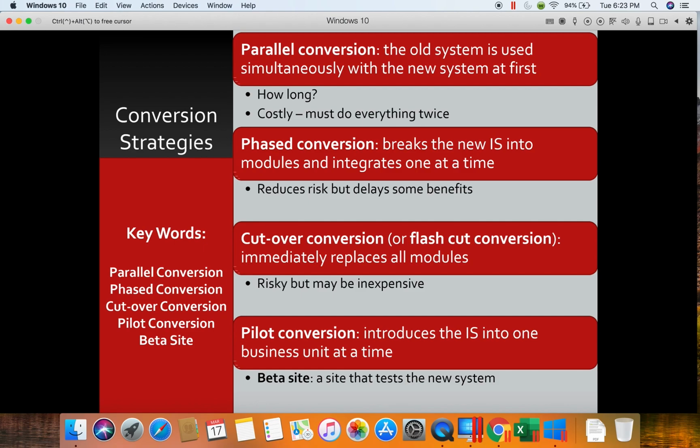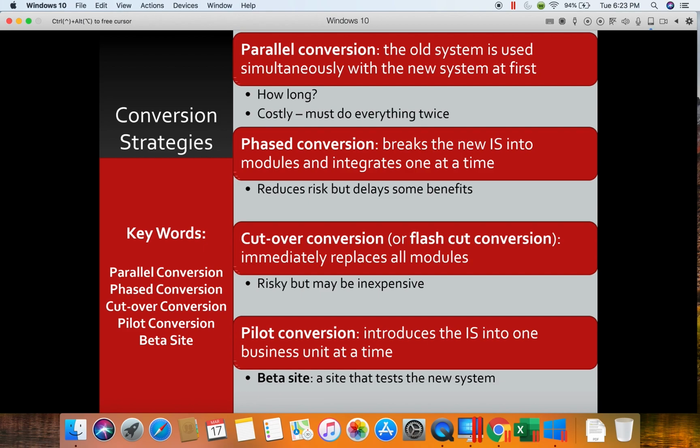That can be very costly and expensive if it does not work properly. So the immediate cutover does lead to some risk. And even though it's inexpensive because you just stop using one and start using the other, sometimes the risk involved with mission critical systems makes us not want to do that.